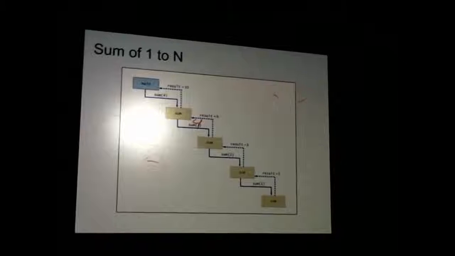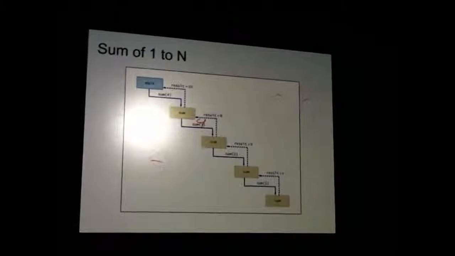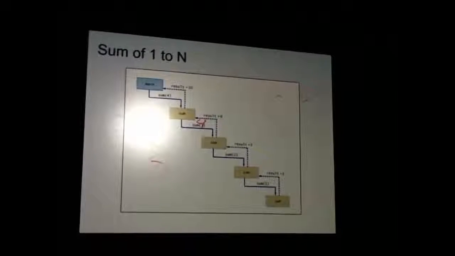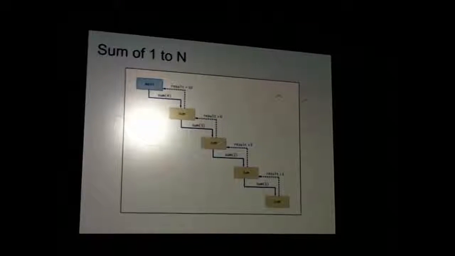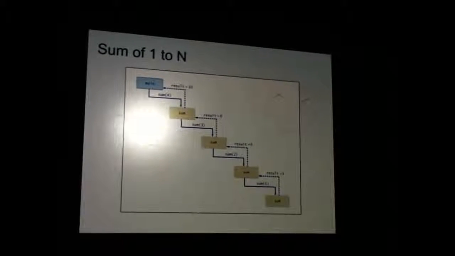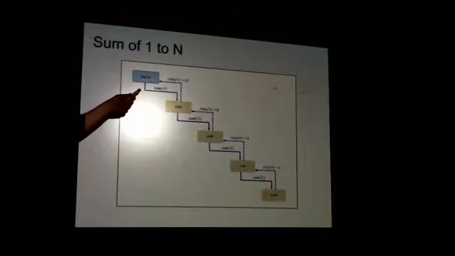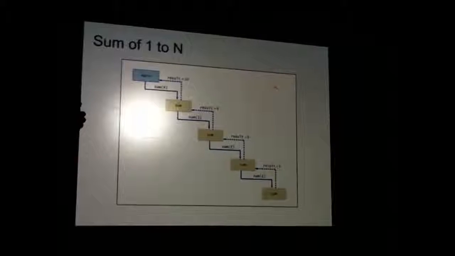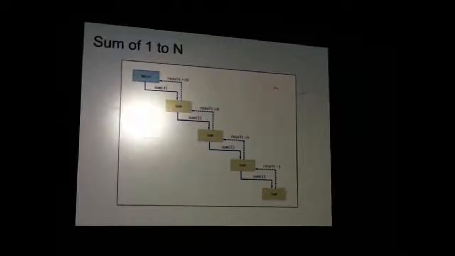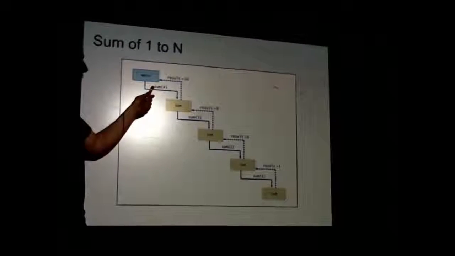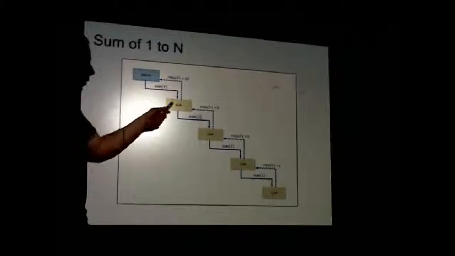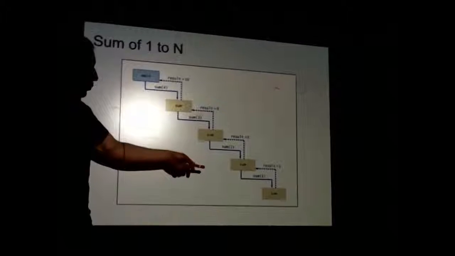Okay, so this is a description of what we would see at some point. As I was saying, it does all of the steps, but it saves them and then gives them back in reverse order. So when we call the method sum and we say sum 4, it's going to do sum of 4, sum of 3, sum of 2, sum of 1.